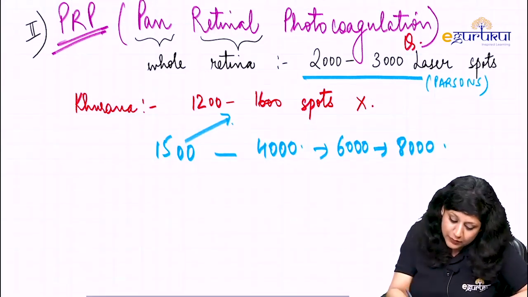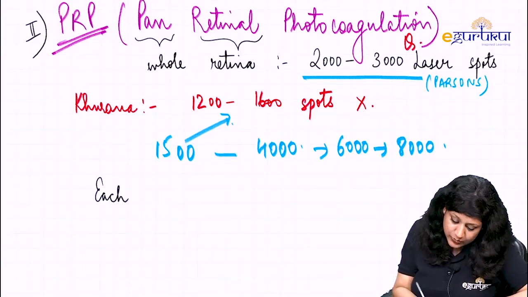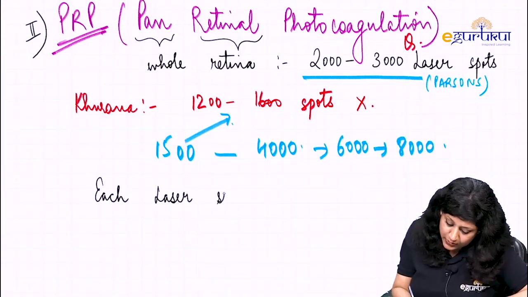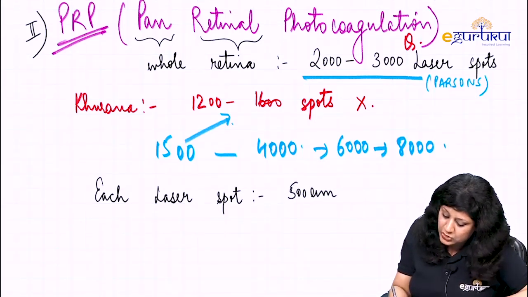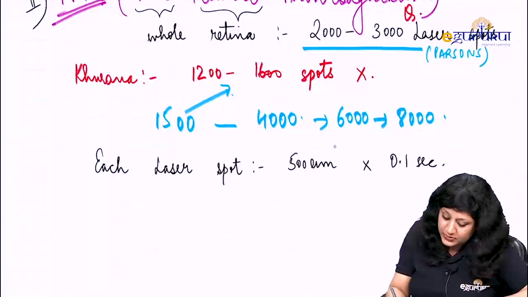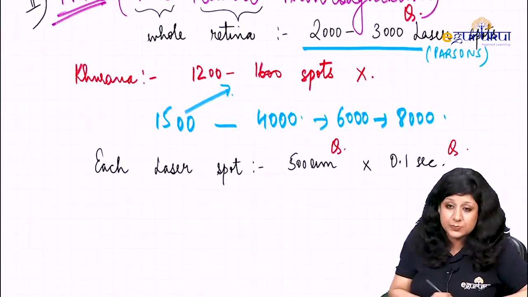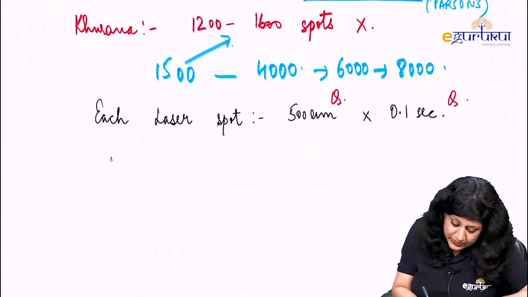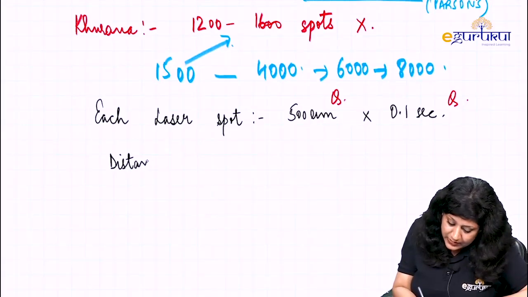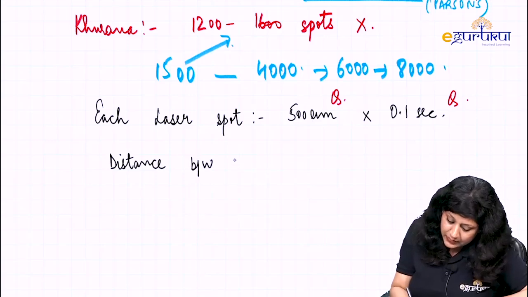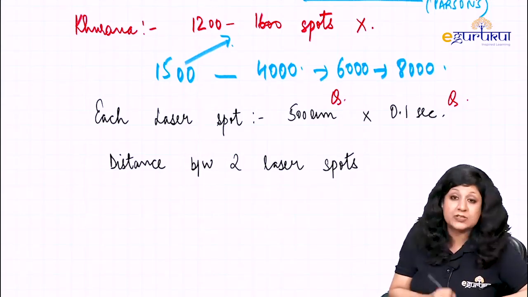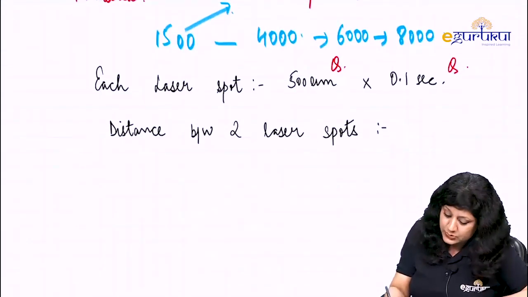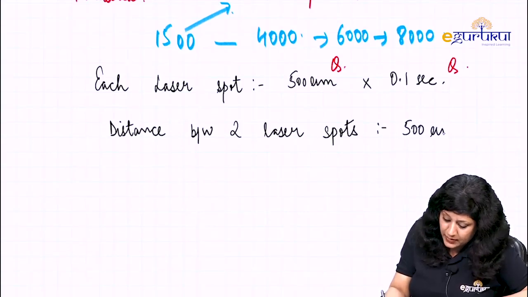Each laser spot is about 500 microns in size and is given for a duration of 0.1 second. So we have the total number of spots, the size of each spot, the duration, and also the distance between two laser spots, which is again 500 microns.